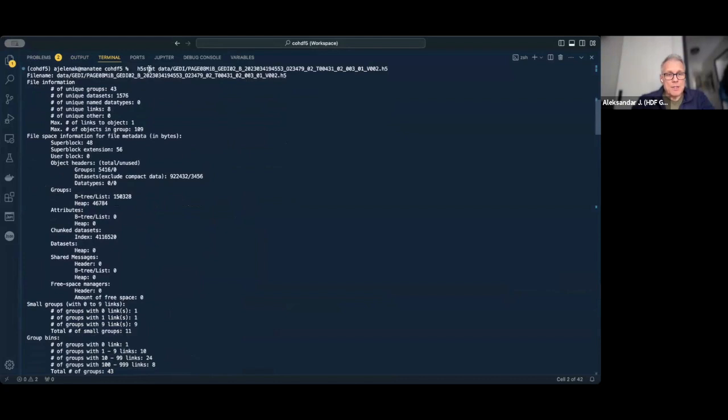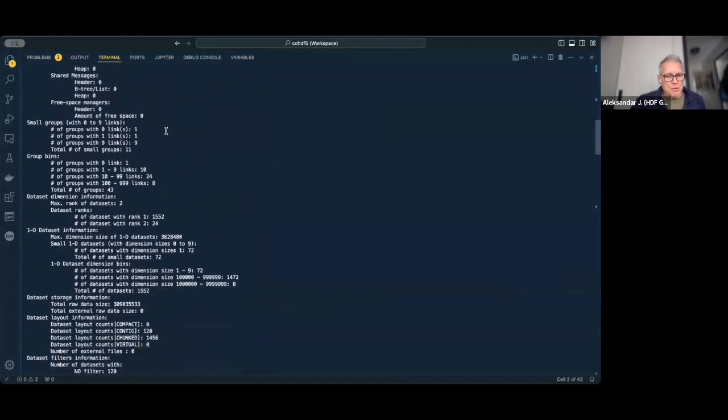I'm using the h5stat command from the HDF5 library tools. And the contents of the file, as you can see, there are 43 groups. There are almost 1,600 HDF5 datasets.